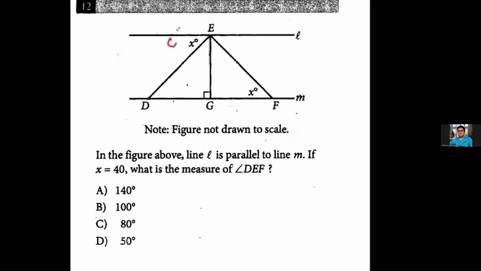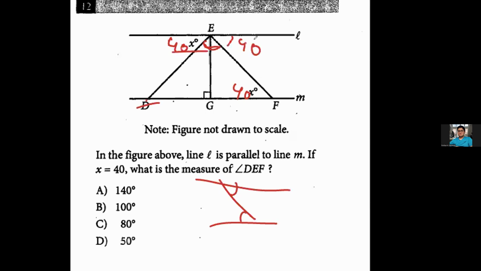We have x is 40. We're measuring angle DEF, so that's this. Well, in this case, we have to find out this using the fact that when you have two parallel lines, this angle is equal to this angle, so this is also 40.